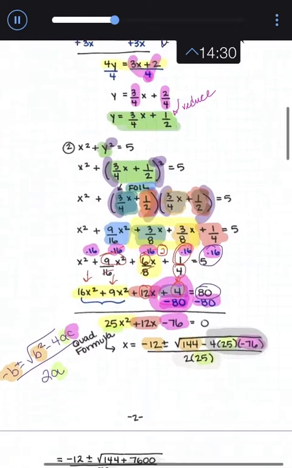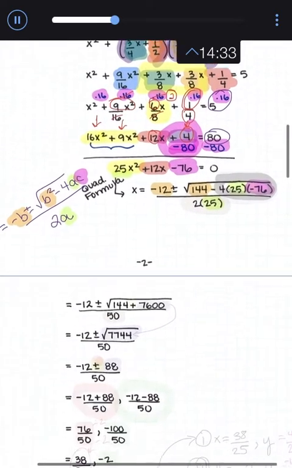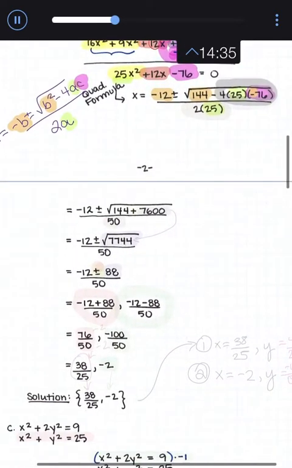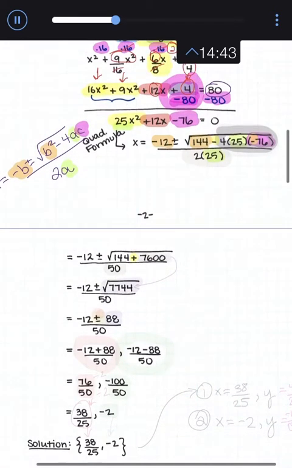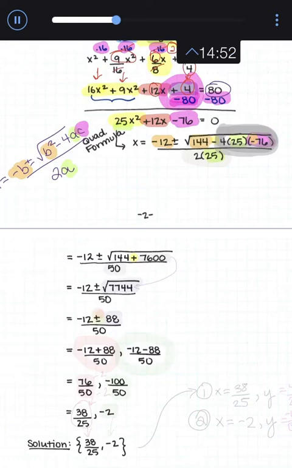You're set up in a trap a little bit because you have a negative on the 76 and a negative sign in front of it. Well, the negative times a negative will actually turn into a positive. And then all we're worried about is, what is the 4 times the 25 times the 76, which we do get 7,600 here.